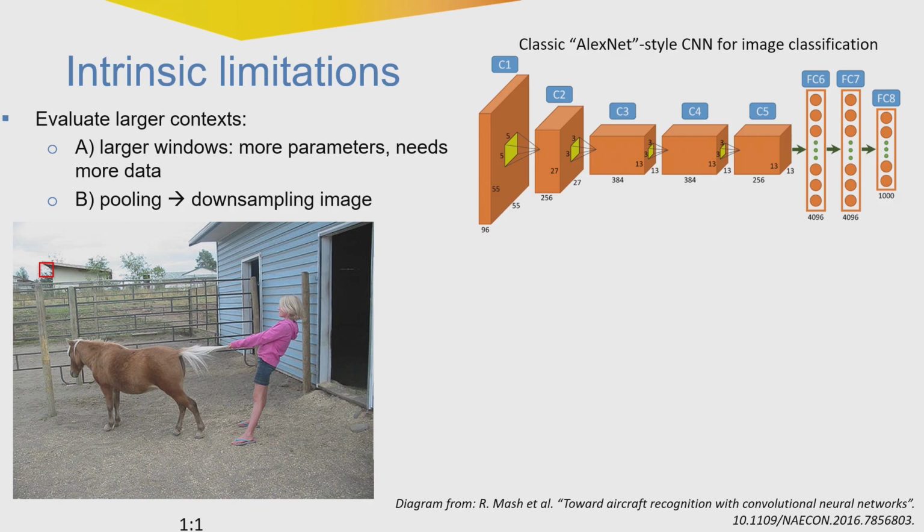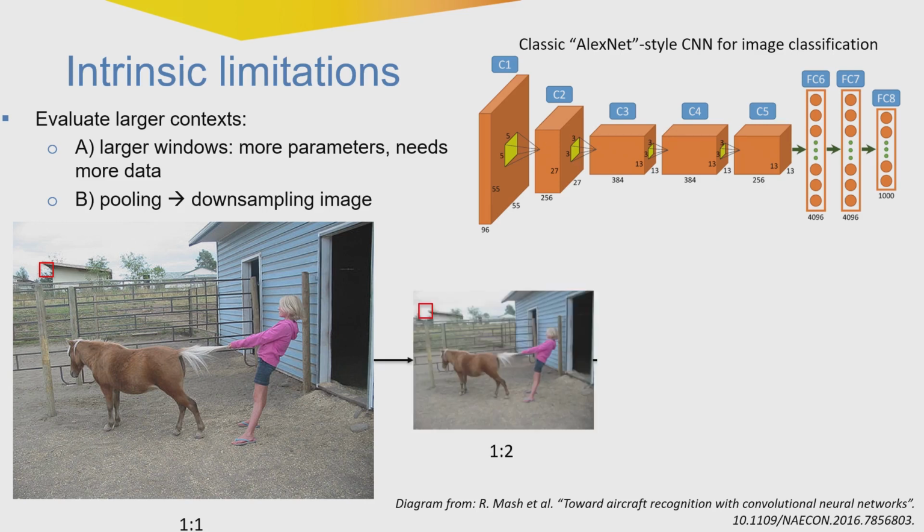So the other alternative is, okay, let's keep the windows the same size, but make the image smaller. This is essentially what happens when you build these networks with so-called pooling regions, so that you downsample your image as you go deeper within the network. This is fine if you're doing just image classification, because you don't care where the things are.